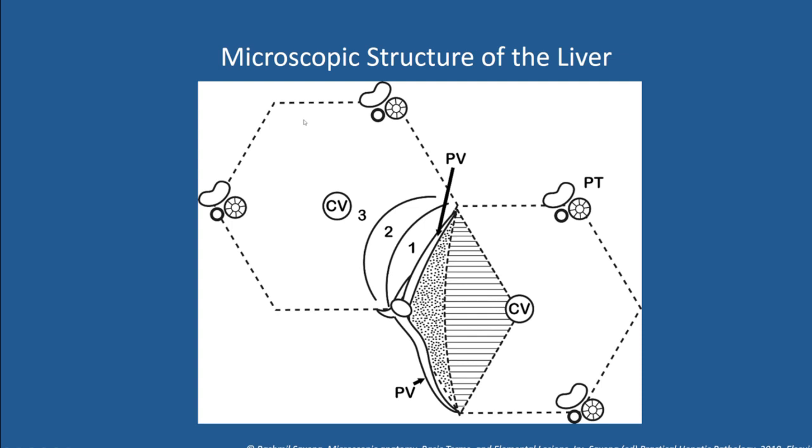We are also told that the liver is organized as acini that look like clusters of grapes. This was first described by Rappaport, and that each acinus is divided into 3 zones, zone 1, 2, and 3, zone 1 being closest to the portal veins.